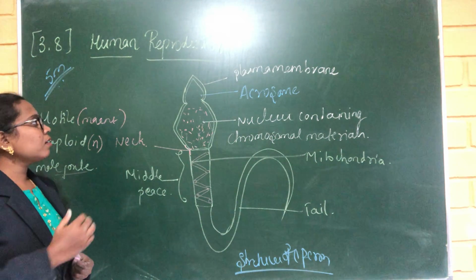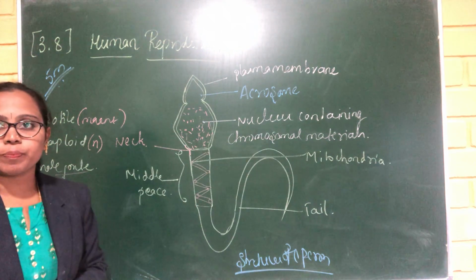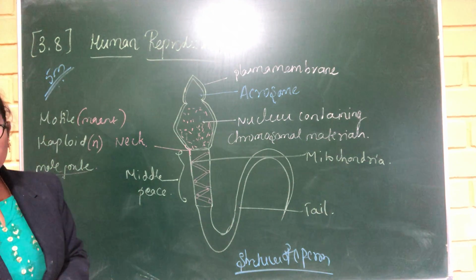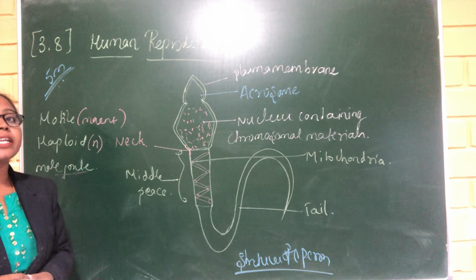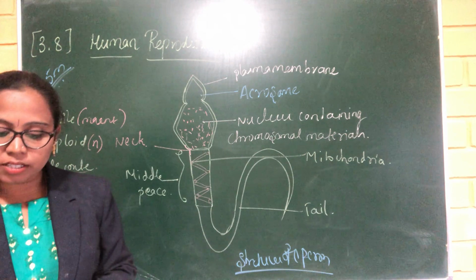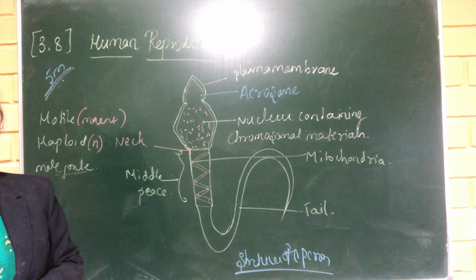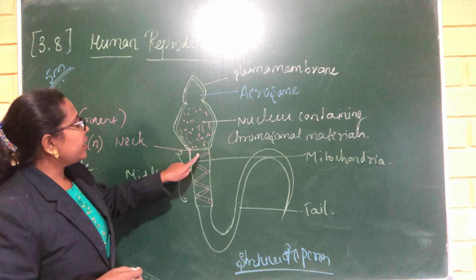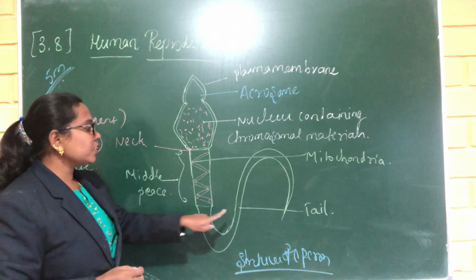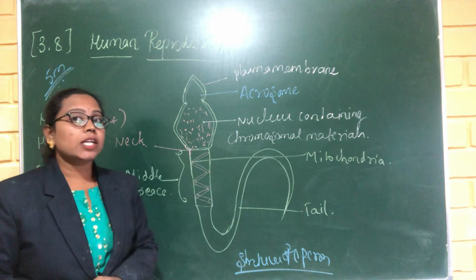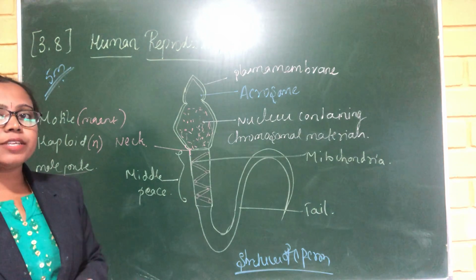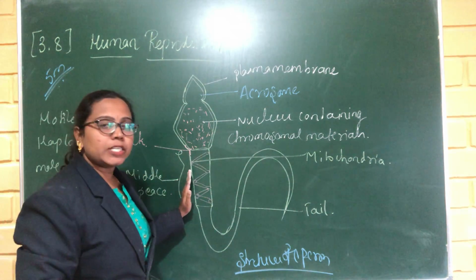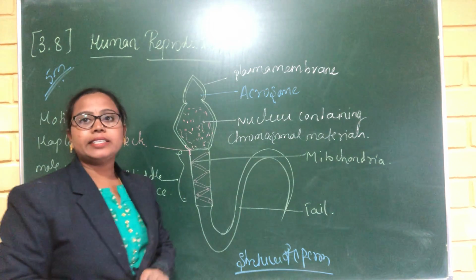Next, the points of the structure of sperm. A sperm is about 50 to 60 micrometers in length, and it consists of a head region, neck region, middle piece region, and the last part is the tail region.